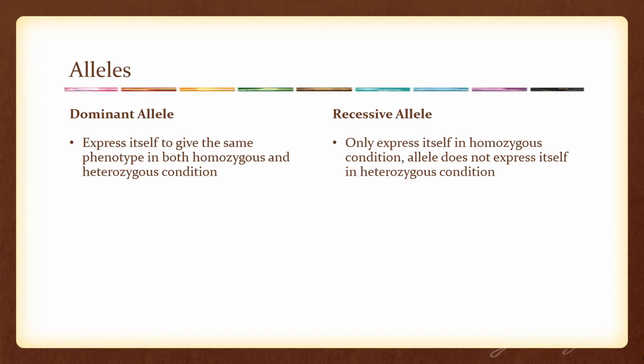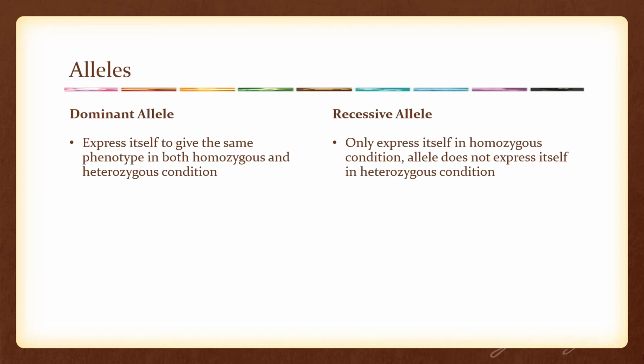To give an example, let's use the enzyme that breaks down alcohol. As we all know, a gene is a sequence of DNA that codes for protein. And your enzyme is made up of protein. So if a cell has the dominant allele, it means the cell has the instruction to produce the enzyme.